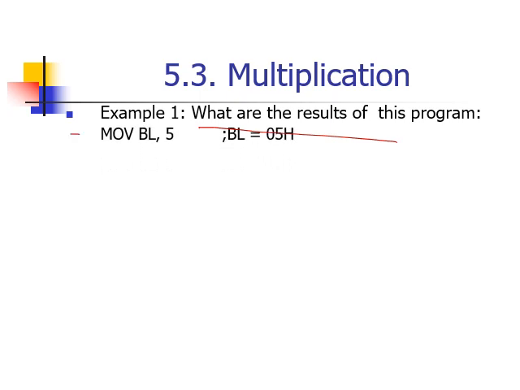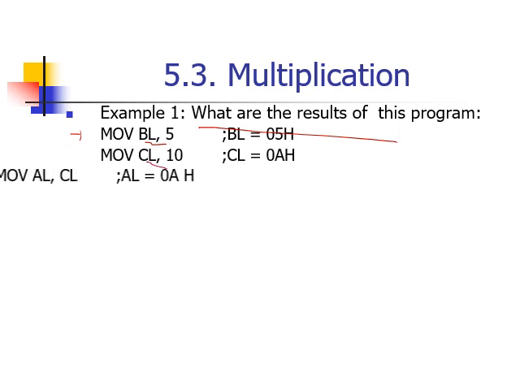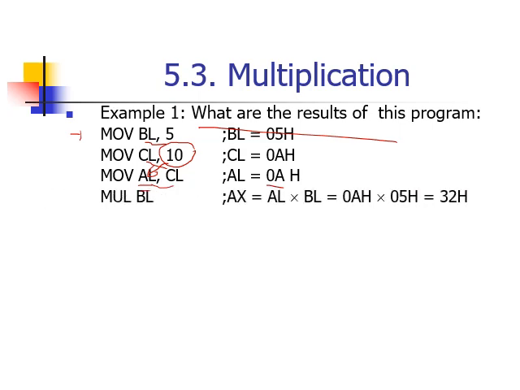Okay, example for multiplication. Okay, move 5 into BL. All right. Then 10 into CL. Okay. Then CL in AL. So you take this 10, place it in AL. So this is your multiplicand. Hexadecimally 0A. Then mul BL. So you're going to take the value inside BL multiplied by the value inside your AL, 5 decimally times 10.